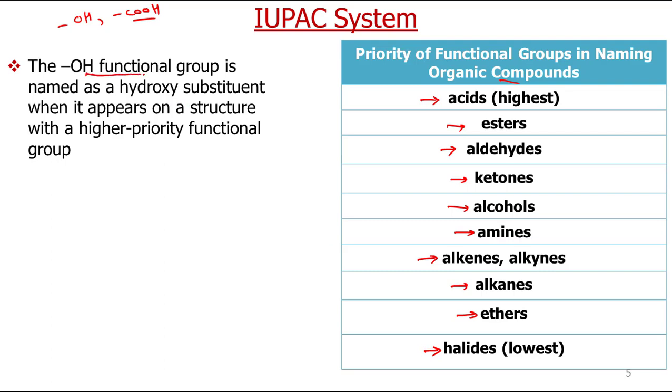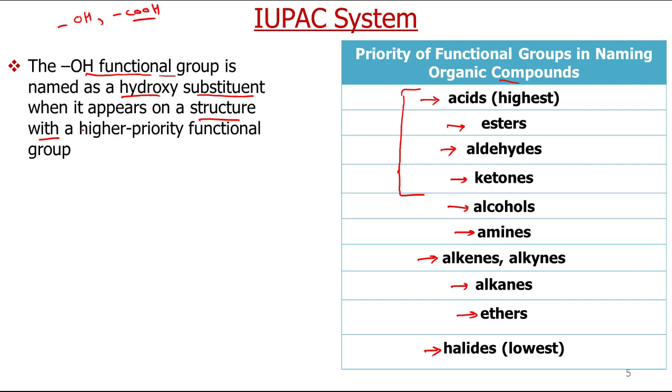Now, if the OH functional group is present and one of these other functional groups is also present, which have higher priority than the OH group, then in that case the OH functional group is named as a hydroxy substituent and it appears on a structure as a prefix.